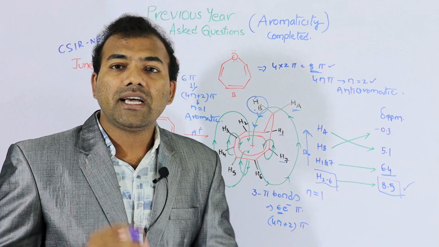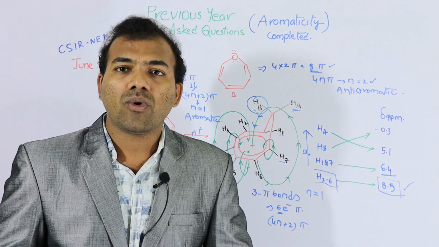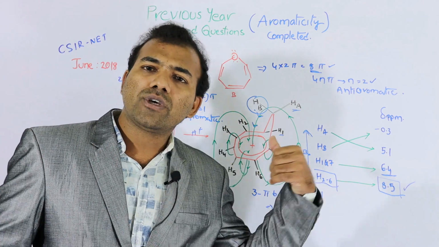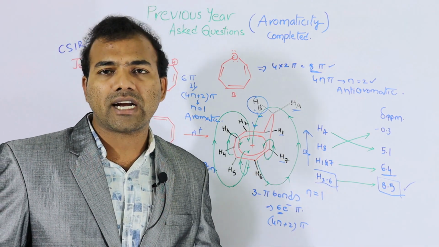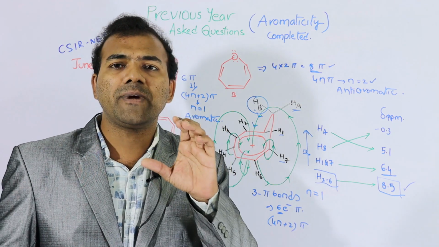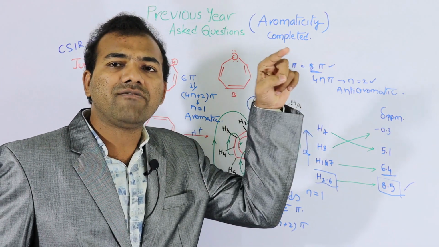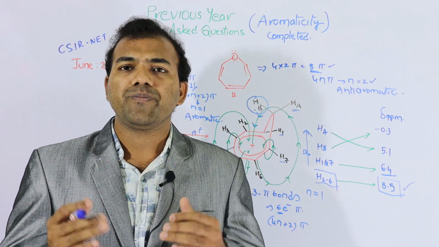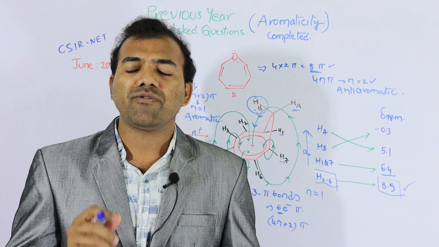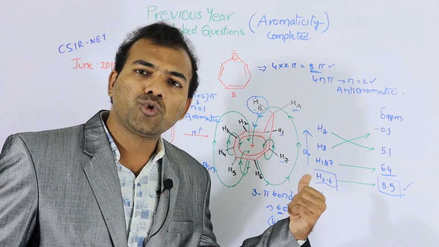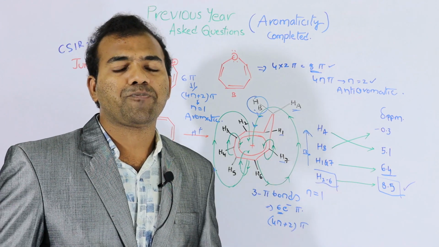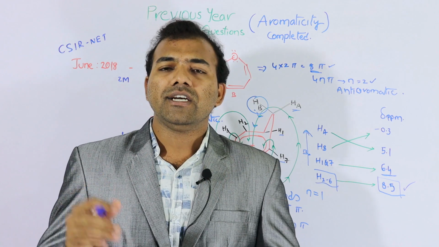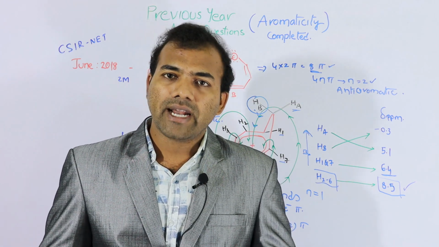So this Ha represents a chemical shift value around 5.1, which is less than all those H1 to H7 hydrogen atoms due to the spatial arrangement above the ring, and it is lying somewhat deshielded. In that way we have to check the hydrogen chemical shift values in that compound and choose the correct option. Okay. I hope you understand these two examples, which were asked in the June 2018 CSIR-NET.